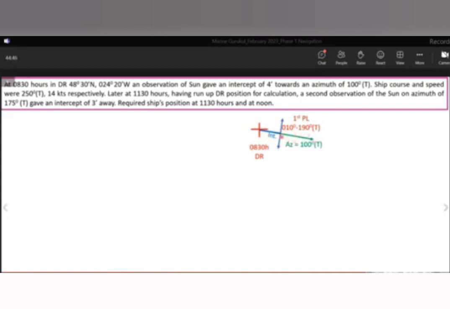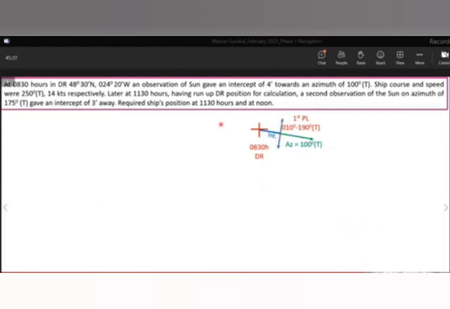Now, before you apply run, please go back to the question. It says the second observation, that is the 11:30 observation, which is also an intercept observation, has been solved by using a DR, 11:30 DR, which was obtained by running up the earlier DR, that means 8:30 DR. So in this case, if I run up the ITP, yes, I can transfer the first PL, but unless I have the 11:30 DR, I'll not be able to plot the second PL.